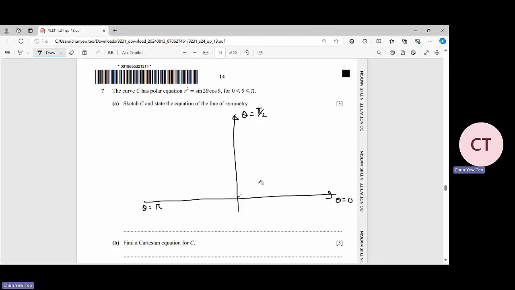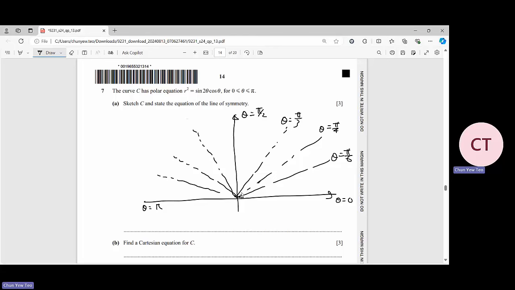You can also draw pi over 4, theta is pi over 6, then pi over 3. I draw freehand, so I didn't measure the angle correctly. This is just a rough idea only. In the exam, please remember to do it properly for yourself. This one is theta equal to 5 pi over 6.